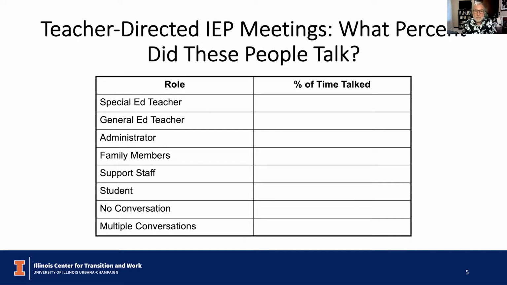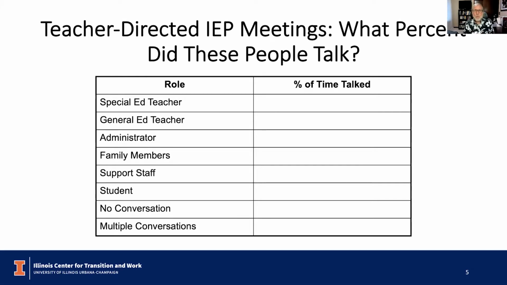What % of time do family members talk? On average, do these different role people talk? Support staff, counselors, rehab counselors, career technology people who may come to the meetings. What % of time do students actually talk at their secondary transition IEP meetings? How about no conversations, multiple conversations?